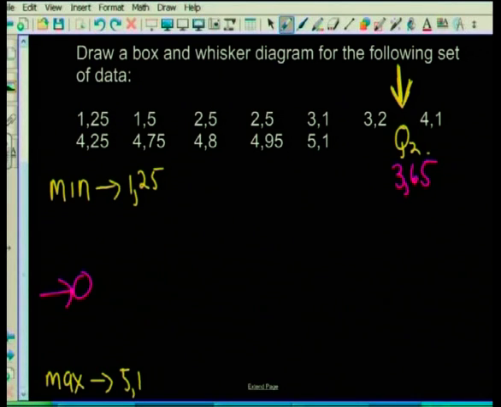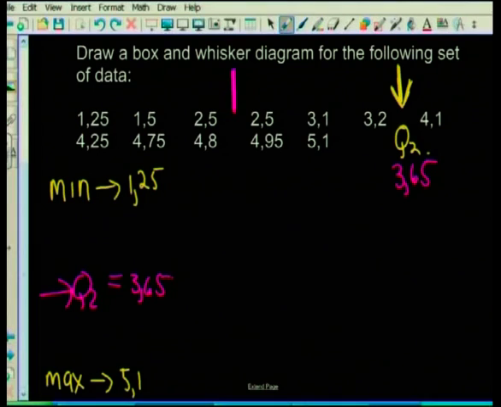Q2 is 3,65. Right, now I need to find Q1 and I need to find Q3 so that I can divide my data again. So Q1 falls between 2,5 and 2,5. Obviously 2,5 plus 2,5 divided by 2 is 2,5. So that's easy enough.